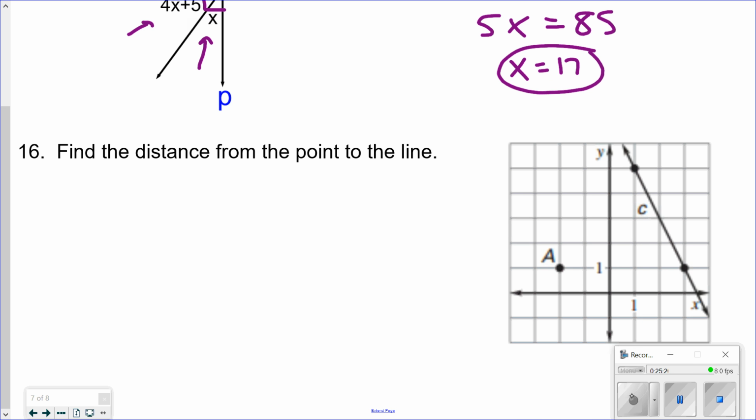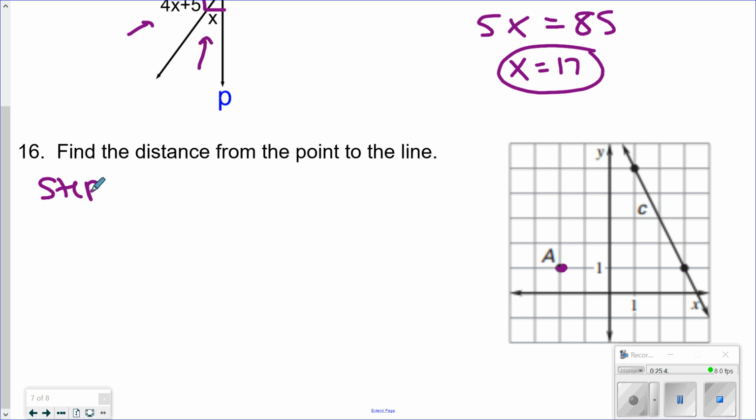For the last question on the study guide, find the distance from the point to the line. So I want to figure out what is the distance from this point here, A, to some point on the line. So step 1.